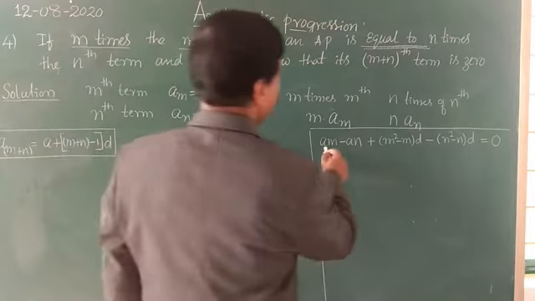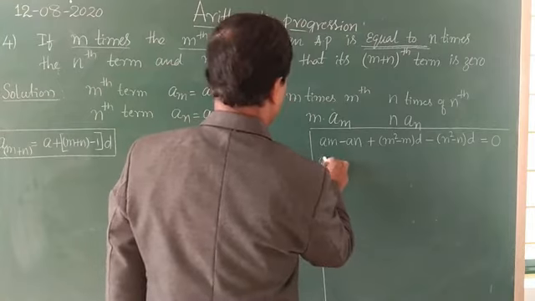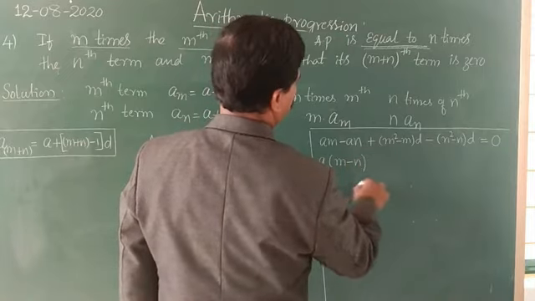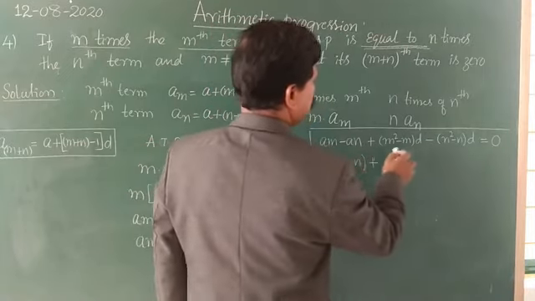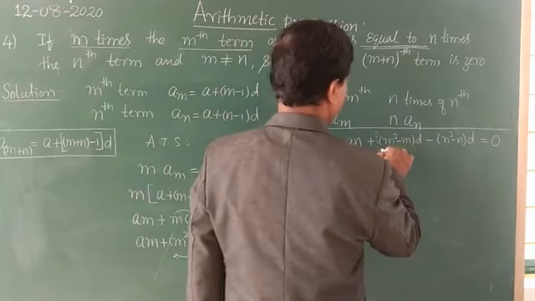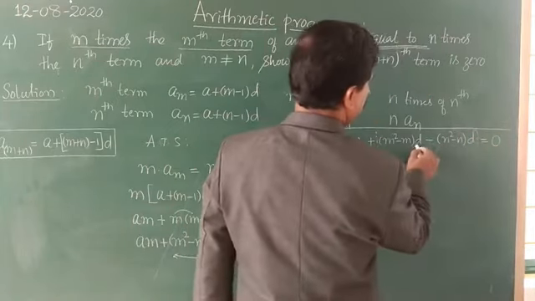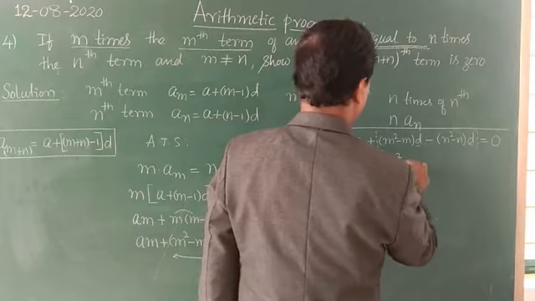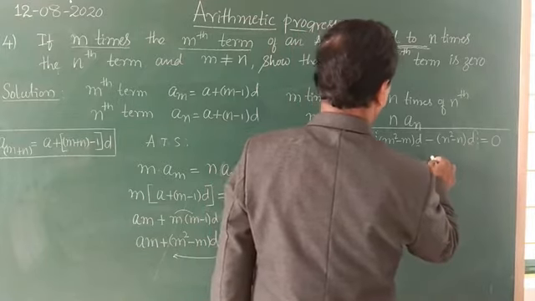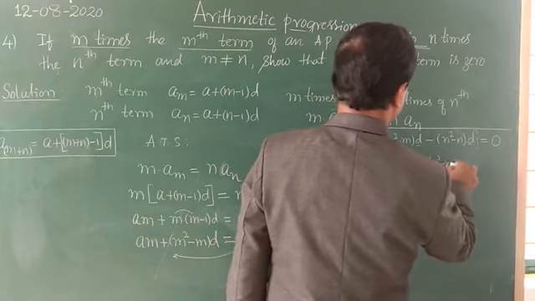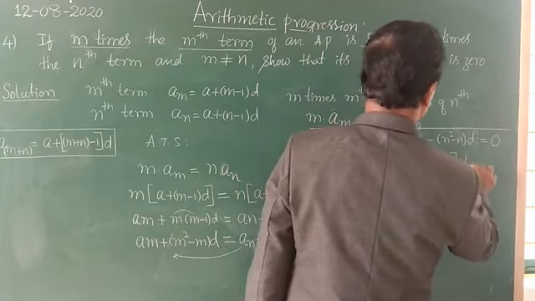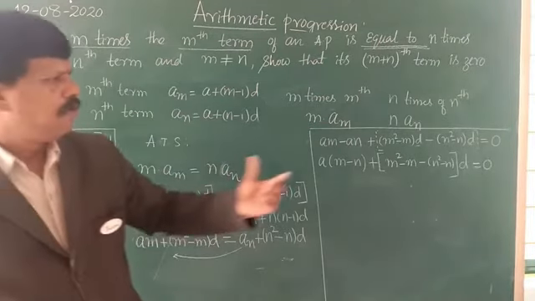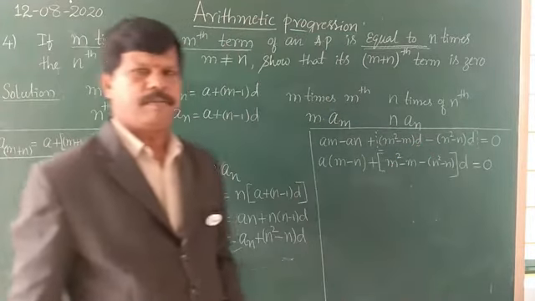Right. Now in this, a is common: a of m minus n plus. In this, look at this, these two terms, d is common. So I am writing this as m square minus m minus of n square minus n into d equals 0. Look carefully how we have taken this d common.